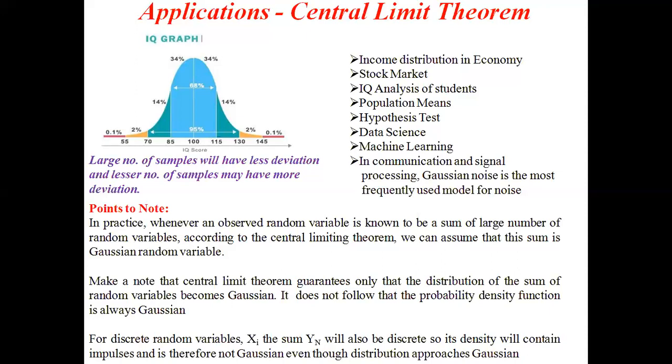You have two types of random variables, continuous random variable and discrete random variable. Generally for continuous random variable, it is Gaussian, but in case of discrete random variables, the density function will not be Gaussian, but the distribution function will be Gaussian. In case of continuous random variable, the distribution function is Gaussian, but the density function may or may not be Gaussian. Those conclusions are very important.